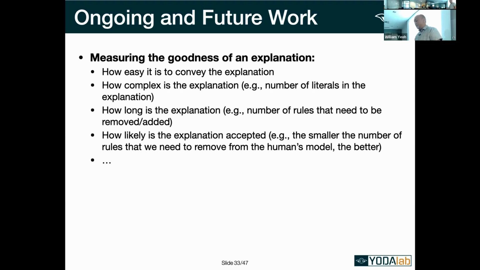The work that we did, which I can share after this talk, is trying to approximate explanations using as much as possible the language that is understood by KBH, using literals that already exist in KBH, and only introducing new literals if absolutely necessary.